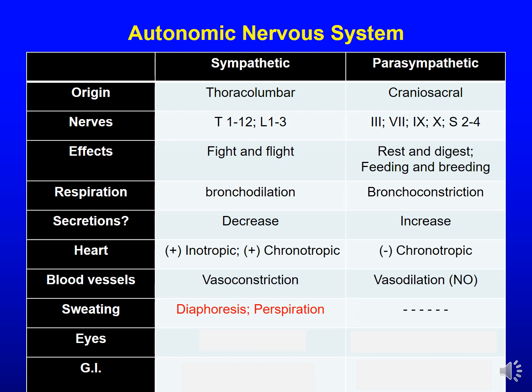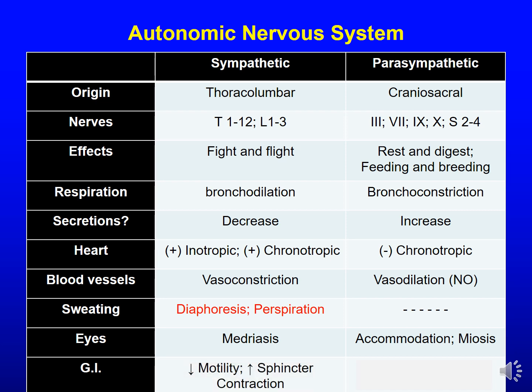The parasympathetic has no effect on sweating. In the eyes, sympathetic produces mydriasis or widening of the pupils, while the parasympathetic will constrict the pupils, or miosis, as well as help the ciliary muscle accommodate for near vision.